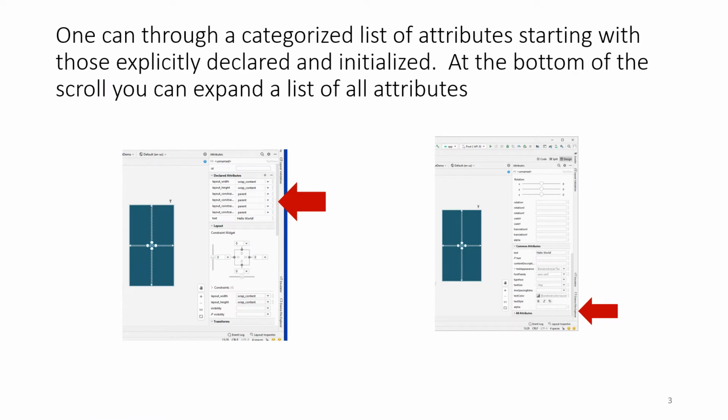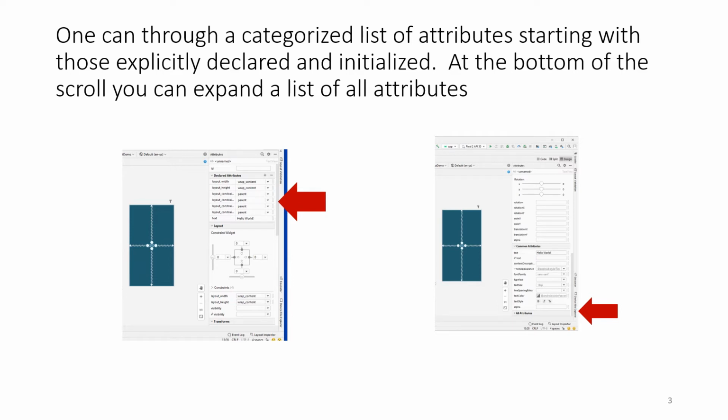When we are in this design view of the layout, we see on the rightmost panels a list of the attributes, starting at the top with the declared attributes. When we look at the code, we are going to see that these are the attributes that are explicitly declared and initialized.